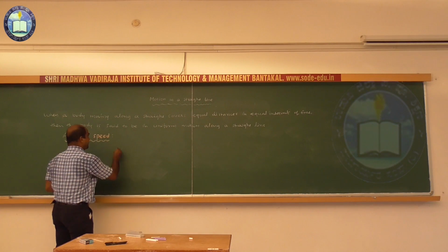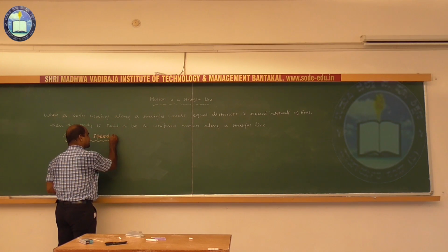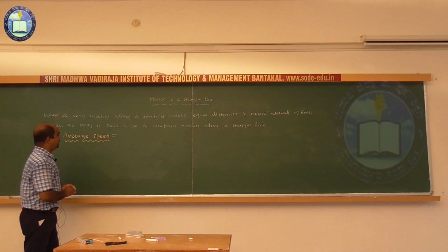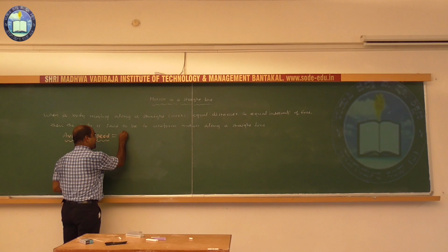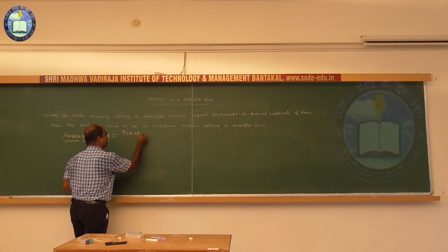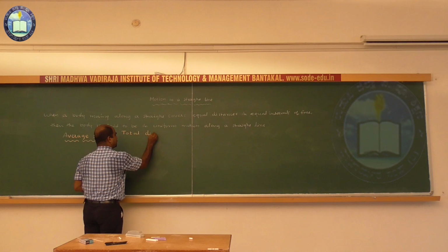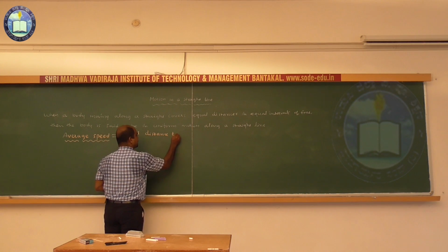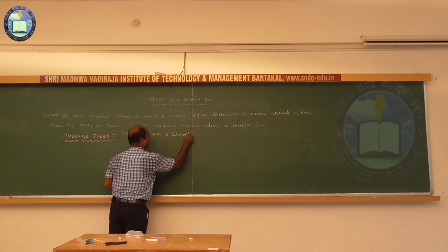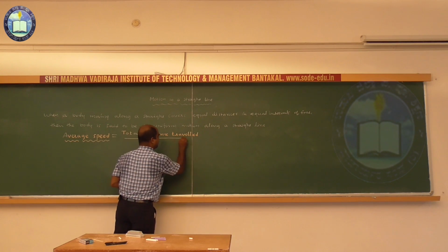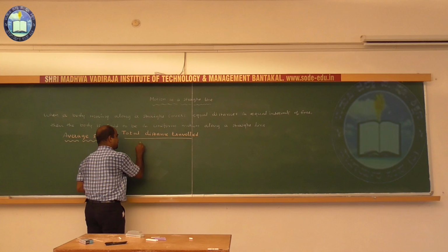Similarly, the average speed of a body is defined as the ratio of the total distance traveled to the total time taken. Total distance traveled divided by total time taken.